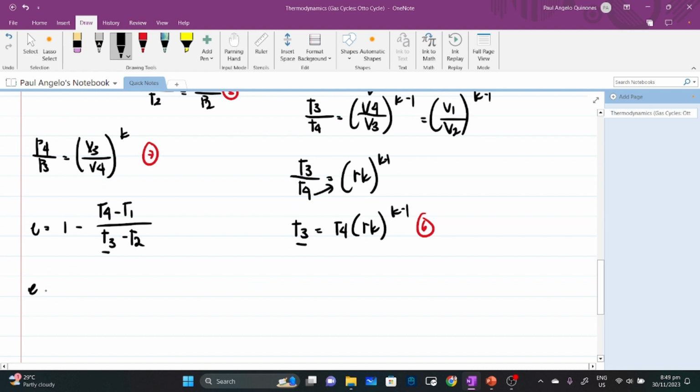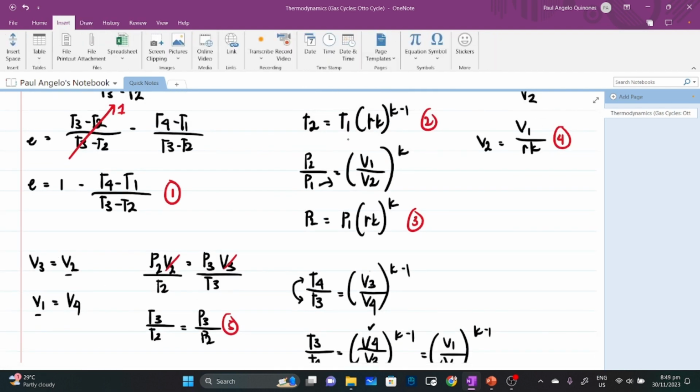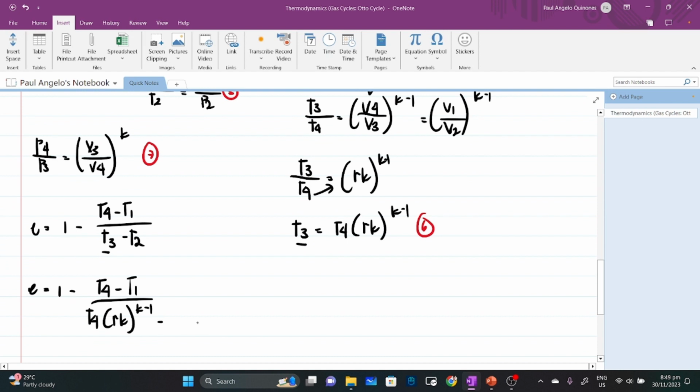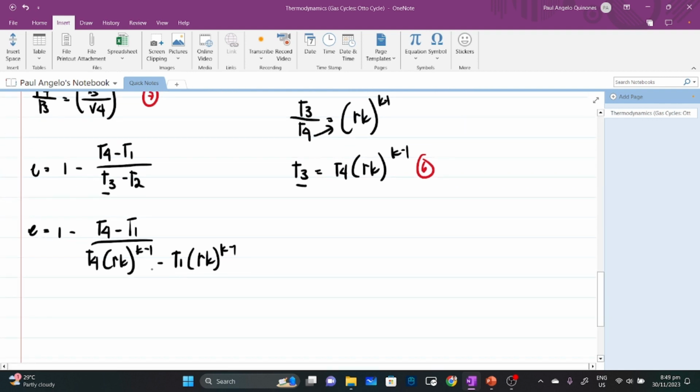So efficiency is equal to 1 minus T4 minus T1 over T3. We write it as T4 RK raised to K minus 1 minus T2. We've solved for T sub 2. That is T1 RK raised to K minus 1, equation number 2. As you can see here in the denominator, we have a common factor, that is RK raised to K minus 1, so we can factor that out.